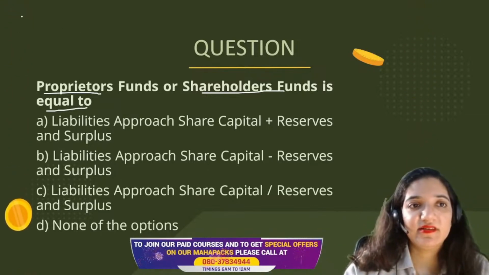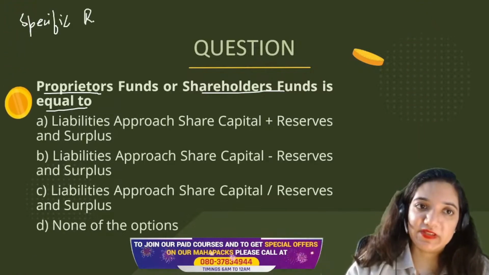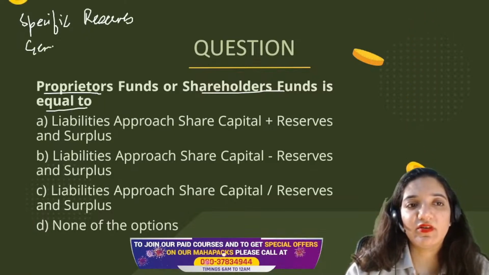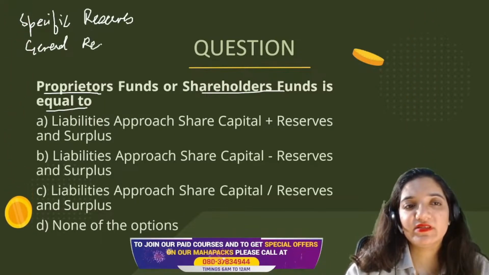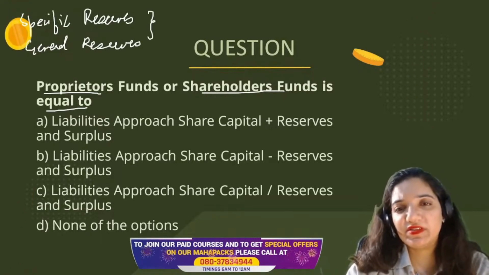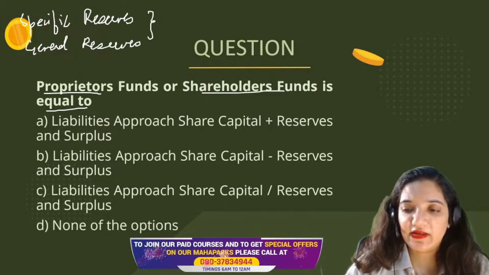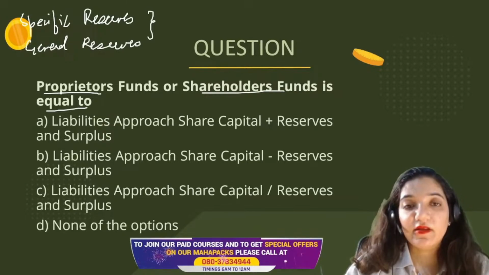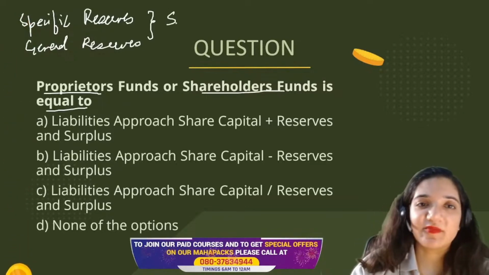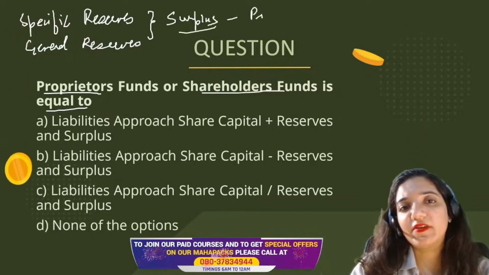Specific reserves are the reserves which are for use only for a specific purpose, and general reserves are used only for general purposes. General reserve, specific reserve, and this will also include surplus. These are reserves, now it is called reserves and surplus. In the area of surplus, we include our profit.